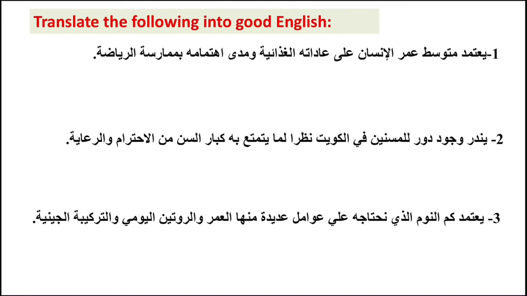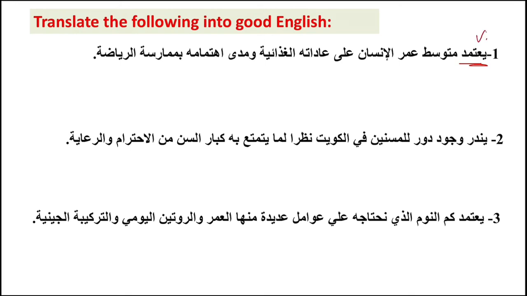All right. So let's read and try to analyze the sentence before we translate it. Okay. So number one. يعتمد متوسط عمر الإنسان على عاداته الغذائية ومدى اهتمامه بممارسة الرياضة. Okay, so this is sentence number one. Now the first word here we have is يعتمد, and this is what?